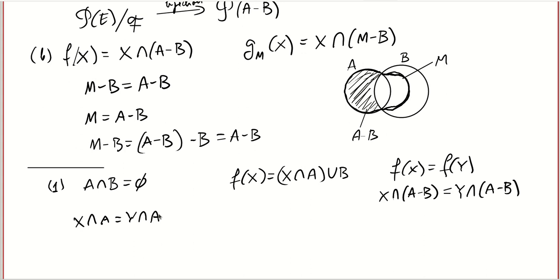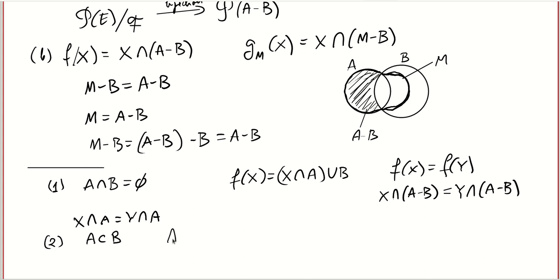Plays no role whatsoever, okay? On the contrary, suppose that now A is a subset of B, which is the opposite situation to this one. Here A and B do not have any element in common. Here all the elements of A are common to elements of B, so it's totally inside B, right?